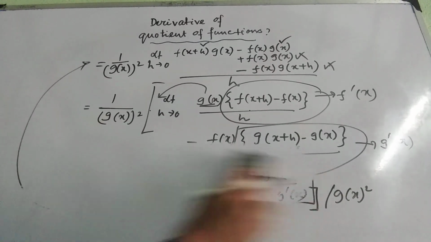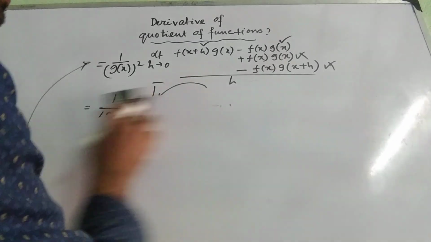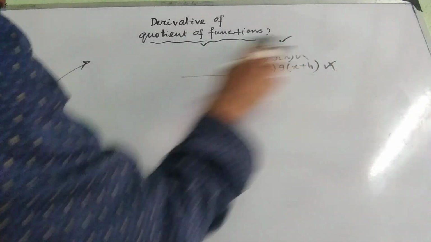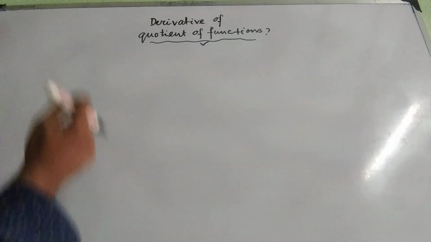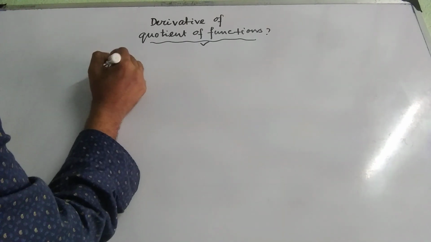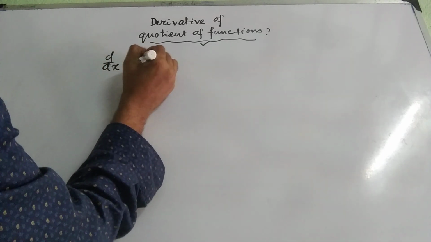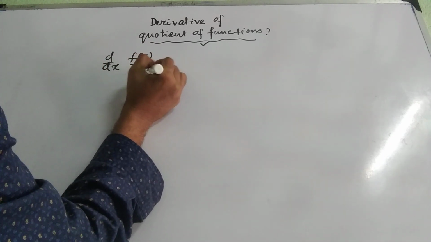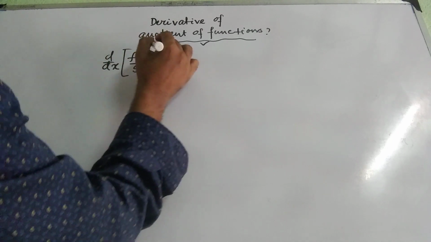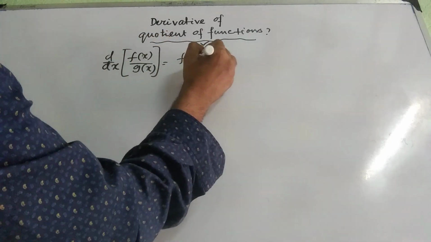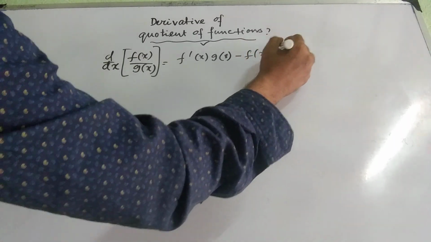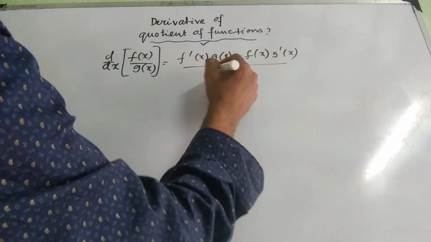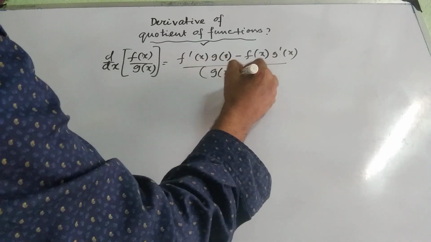Let me write it in a cleaner way for both product and quotient, and then I will show you two examples of how to find the derivatives in such product and quotient cases. So today we have derived that d/dx of f(x) by g(x) is f dash x into g(x) minus f(x) into g dash x, whole by g(x) squared.